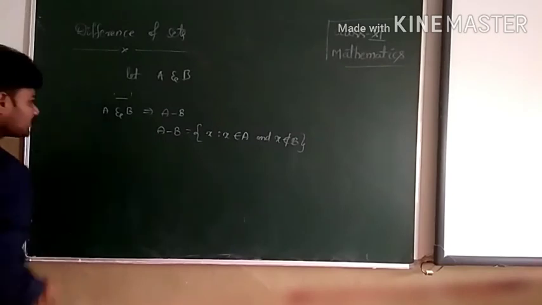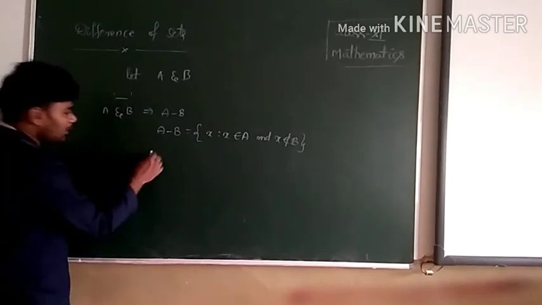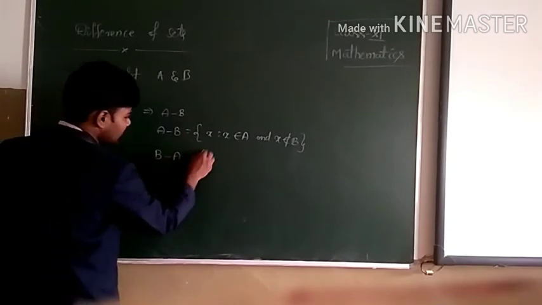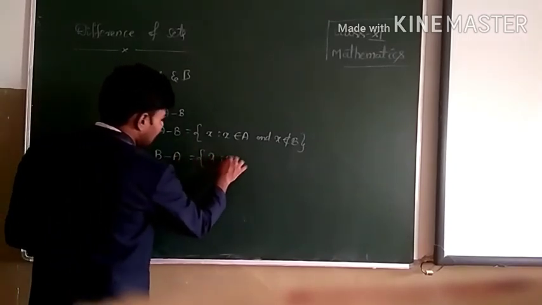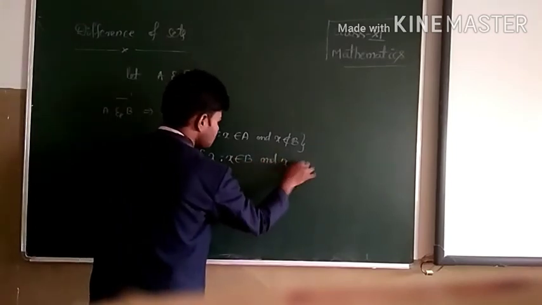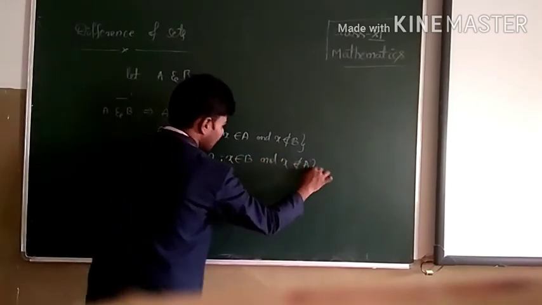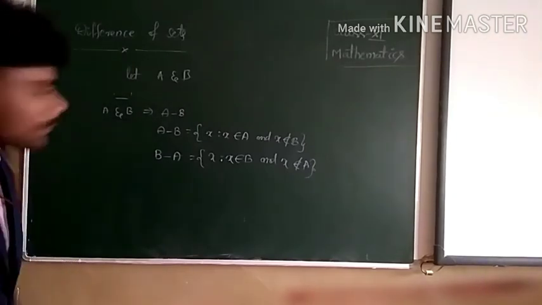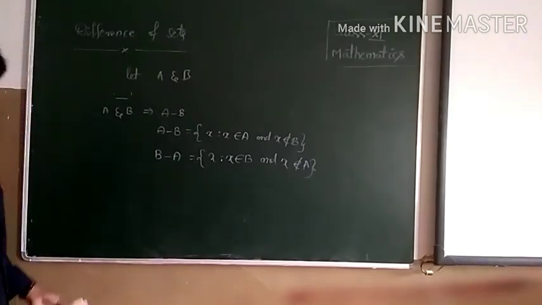Suppose we want to find out B minus A. B minus A is equal to {x such that x belongs to B and x does not belong to A}. In this way, we can represent the difference of sets.